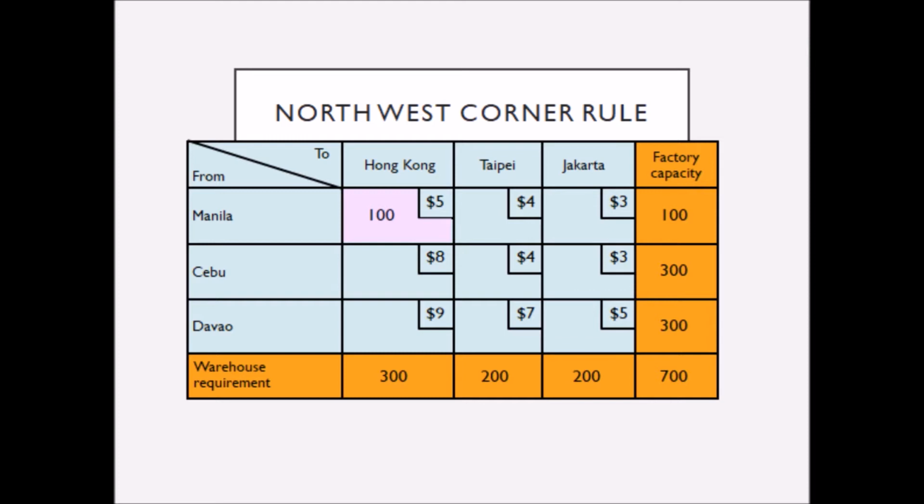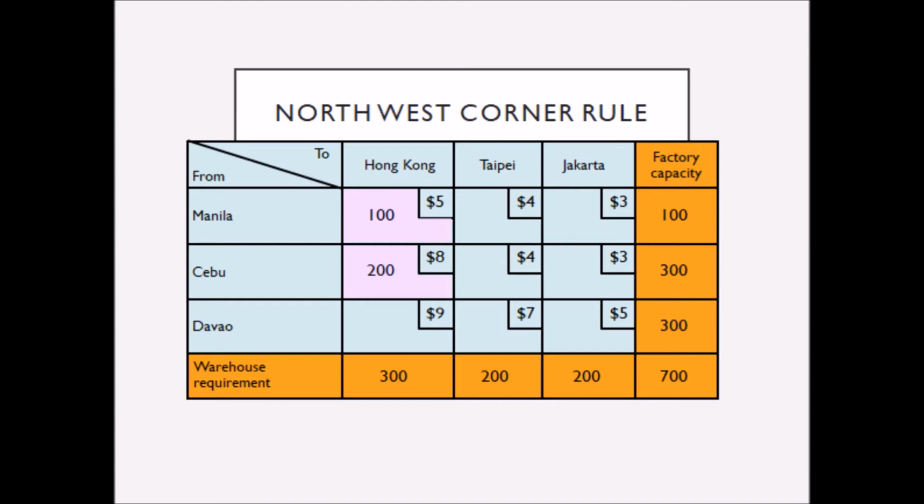So for us to meet that, we now move down to the box between Cebu and Hong Kong. Cebu has a factory capacity of 300. However, since Manila has already supplied 100 units of Hong Kong's demand, all Cebu needs to supply is 200 units to Hong Kong. Since the demand for Hong Kong has been met, the box for Davao to Hong Kong will be left blank so as not to oversupply the demand.